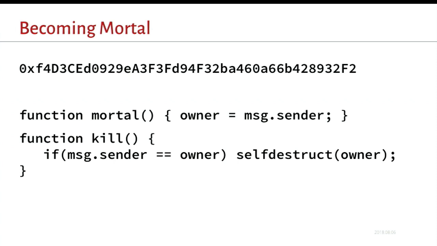I can't be sure exactly what happened because we don't know the intent behind everything, but what it looks like is somebody copied some code from this mortal contract, whose intended functionality is to initialize the owner. And if you're the owner, you can kill the contract. But I think somebody probably renamed the contract, therefore exposing this mortal function to anybody, because somebody totally called this function and became the owner and got a couple Ether.